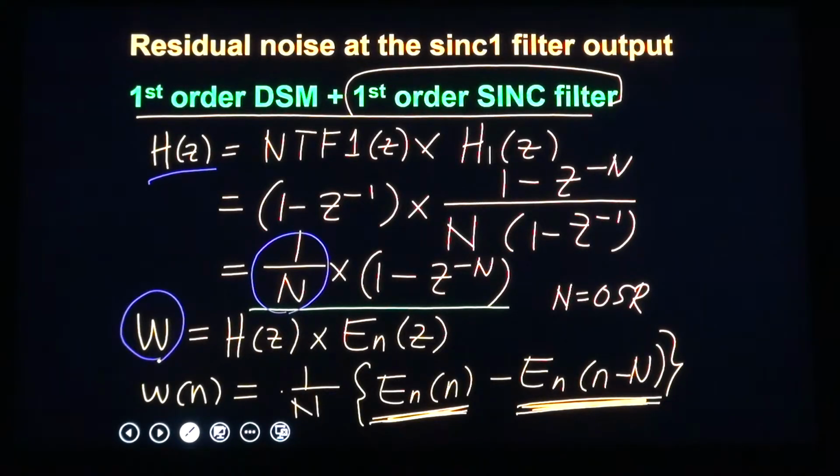Then see the output. This is the output noise of this system. The output noise W is this H(z) times the quantization noise. The impulse response of this output noise is just 1 over n, En minus this one.